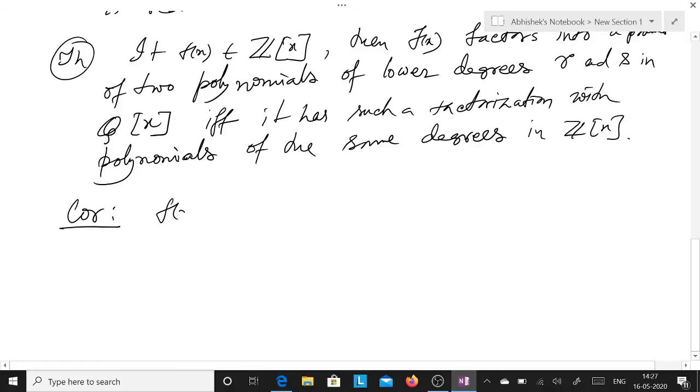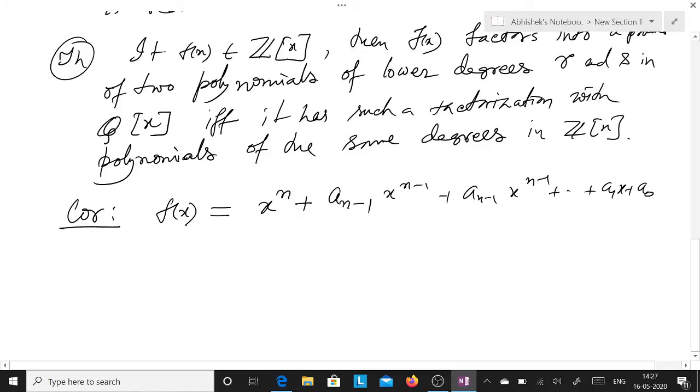now let us suppose that f(x) be a polynomial with the leading coefficient 1, that is x^n + a_{n-1}x^{n-1} + a_{n-2}x^{n-2} + ... + a_1x + a_0.